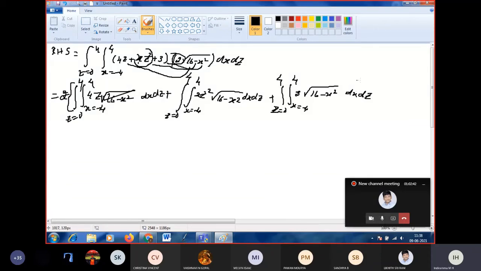Okay. Now we have to evaluate all these three integrals. So do you know the property that integral from minus a to a of an even function is what? How will you write this one?